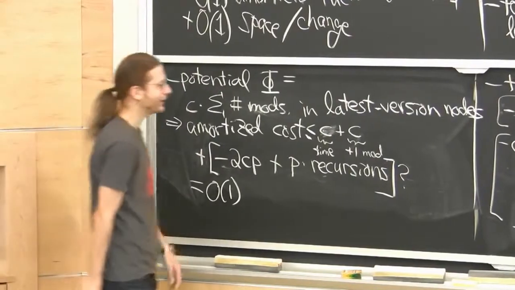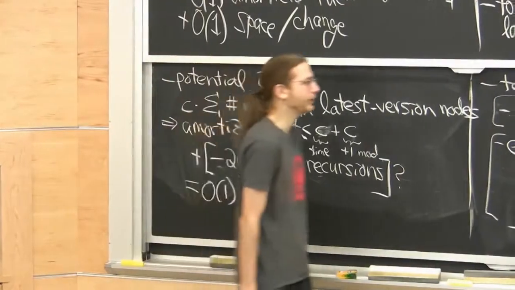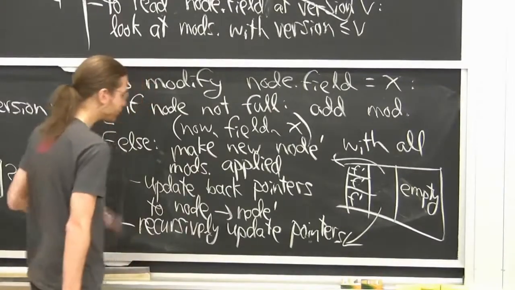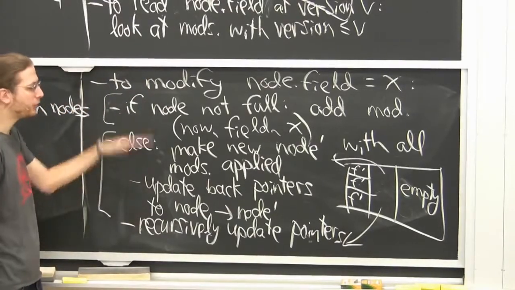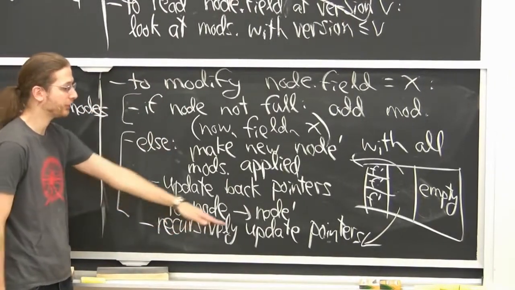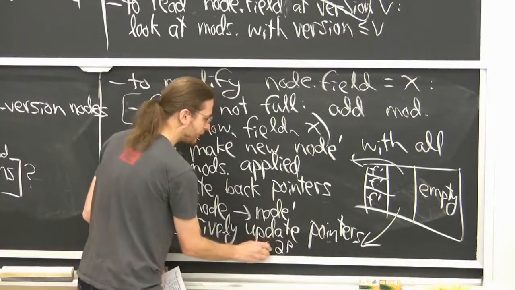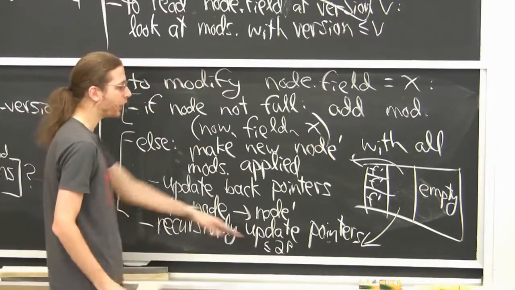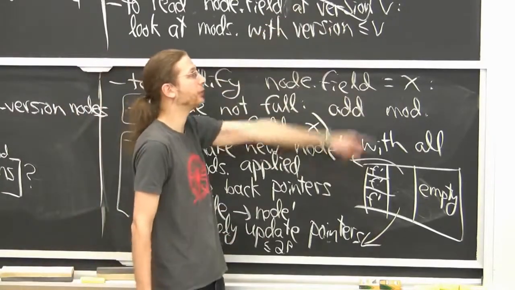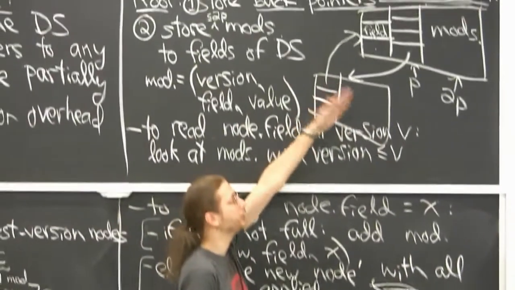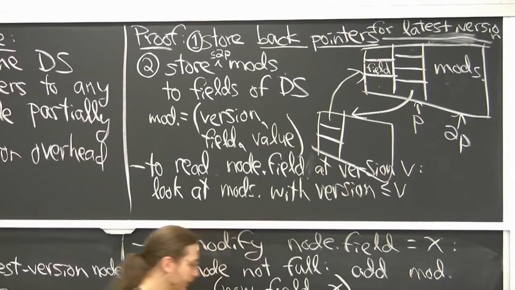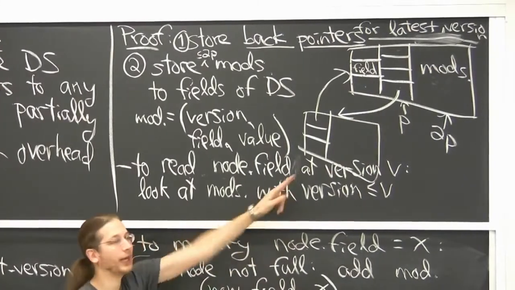Potential functions are always a little crazy. What's happening here is that maybe you add a mod, that's cheap, but when we have to do this work and we have to do this recursion, this is up to 2P updates or recursions, we are charging it to the emptying of this node. The number of mods went from 2P down to 0. And so we're just charging this update cost to that modification.